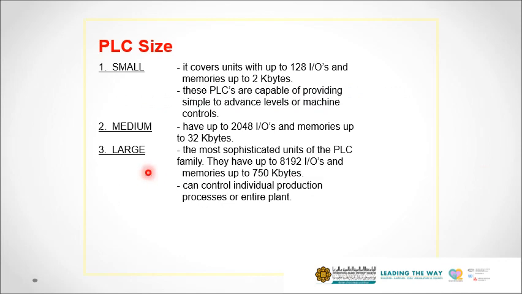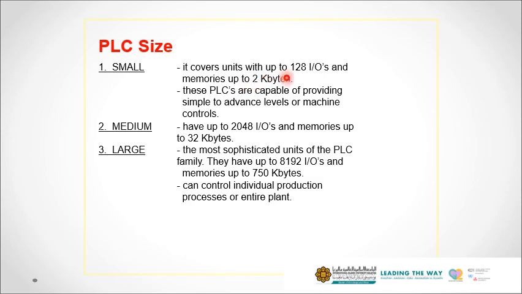Okay, when we talk about PLC, which is basically a digital controller, and when we say a small PLC, medium PLC, and large PLC, we mostly refer to the number of IOs it can handle. IO means inputs and outputs, and what is the maximum memory size of this PLC.